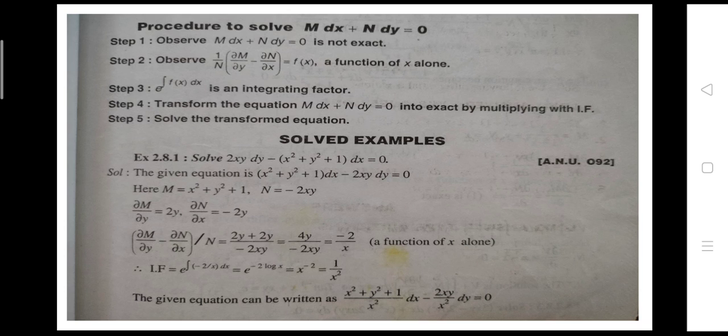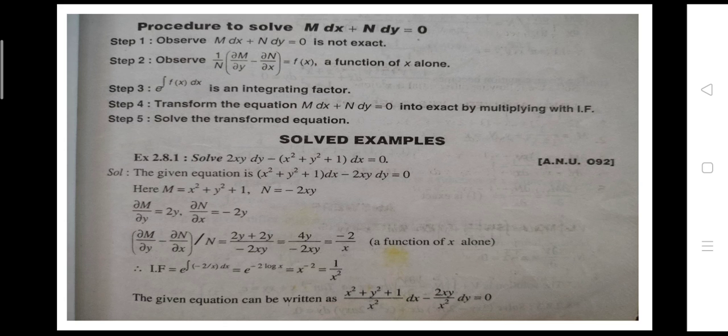Step 3, e power integral f of x dx is an integrating factor. Step 4, transform the equation M dx plus N dy is equal to 0 into an exact one by multiplying with the integrating factor and solve the transformed equation. This is step 5.